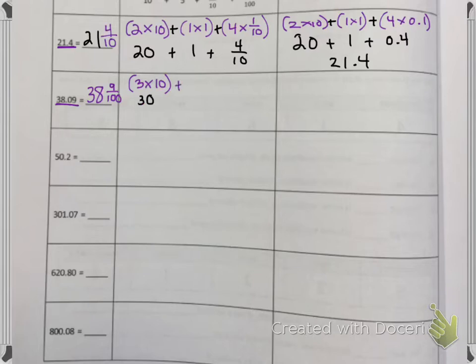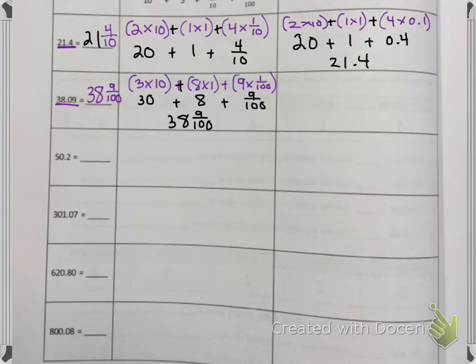Plus, and we're going to do the ones, 8 times 1, which is 8. And now, time for the hundredths piece. We are going to do 9 times 1/100ths, and that'll give us 9 hundredths. What does this equal? Well, this equals 38 and 9 hundredths. Perfect.